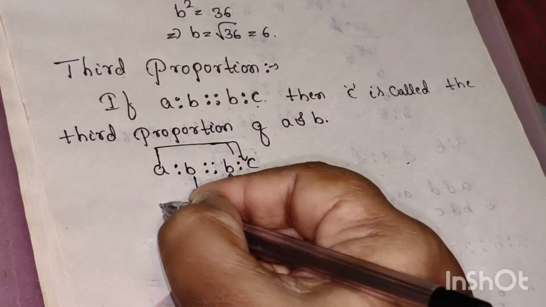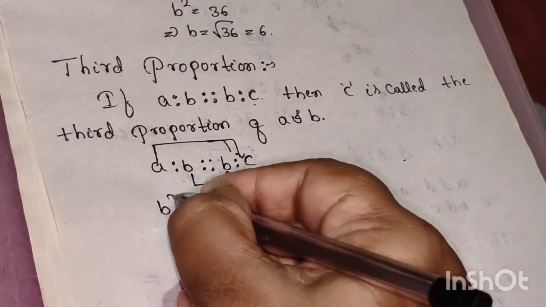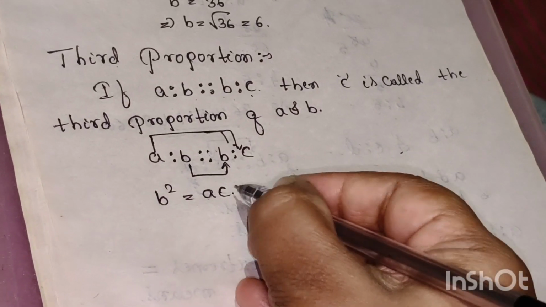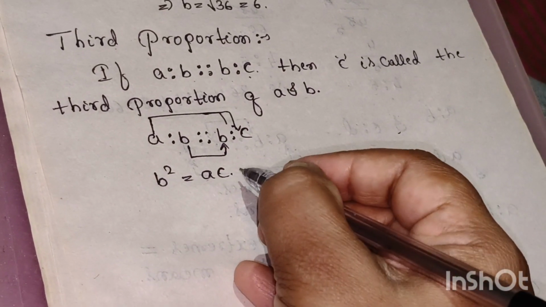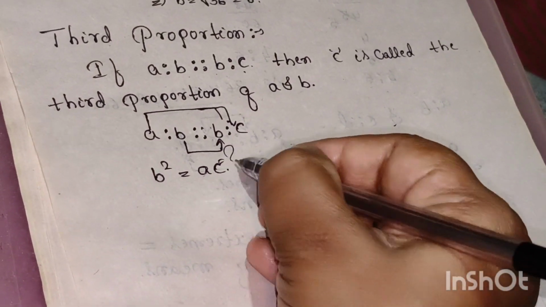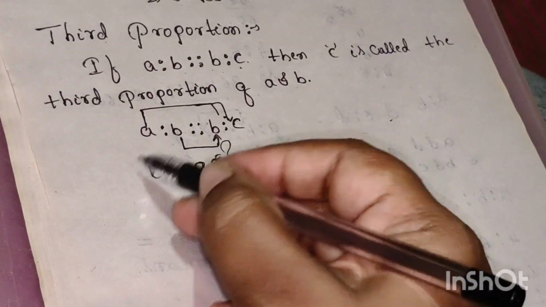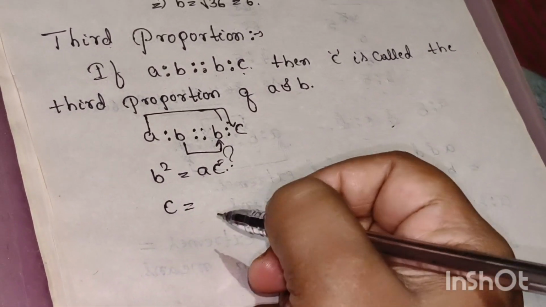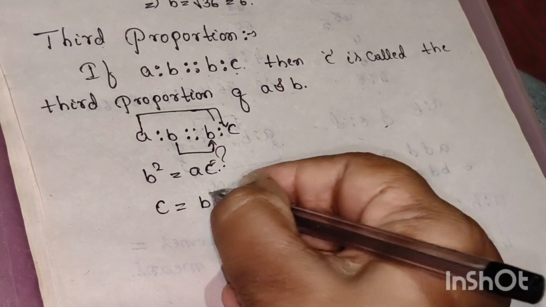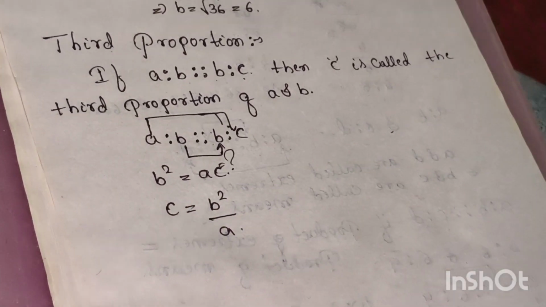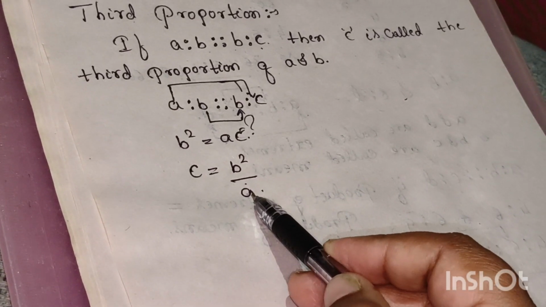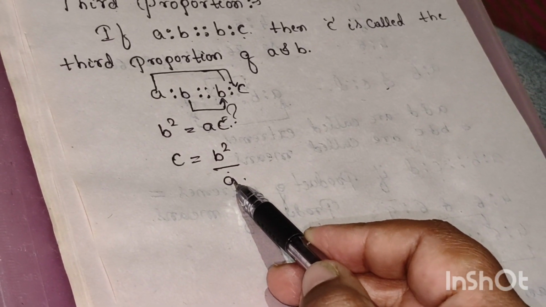So that means B square is equal to AC. So in this case we calculate the third proportion. Third proportion means C, so we solve this equation for C. So C is equal to B square by A is the formula for finding the third proportion.